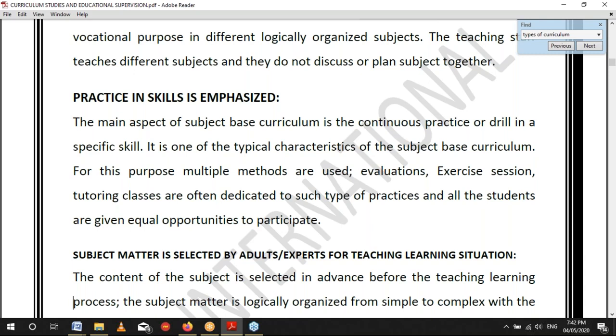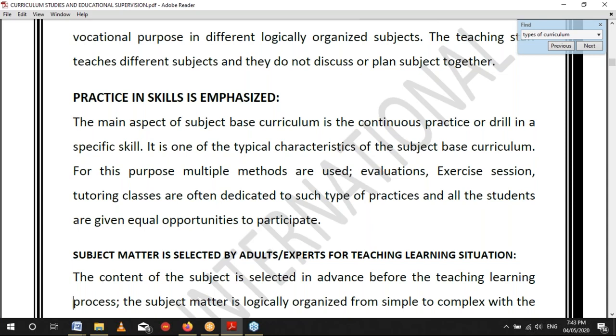Number 3, defense of subject curriculum. It gives the teacher the idea of what to teach, and students what to expect or what to learn, and the time allocated to the subject. This is because the subject content is issued in advance.